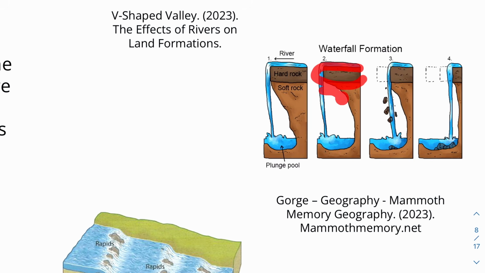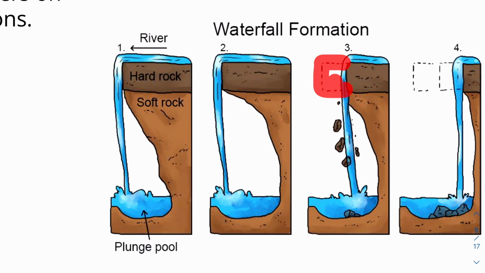Due to gravity the top part here will fall down like so, and the hard rock will retreat. So we call this the retreat. Originally it was here and it retreated back to here, and the process keeps repeating until it forms a waterfall.